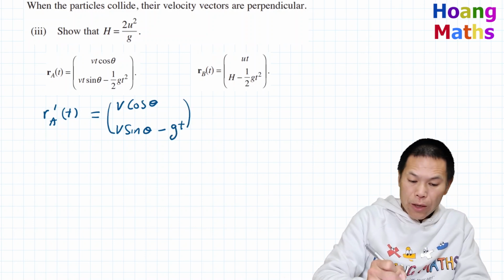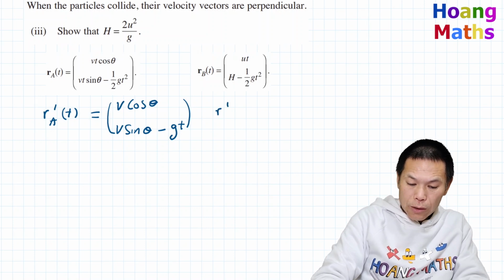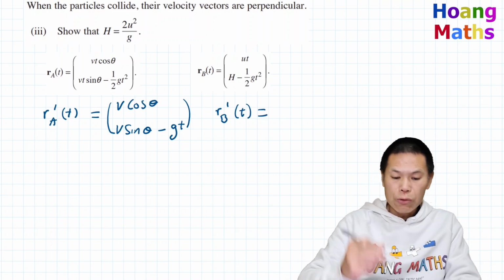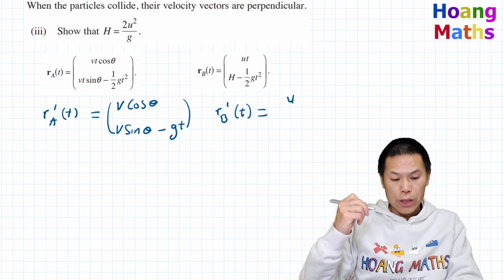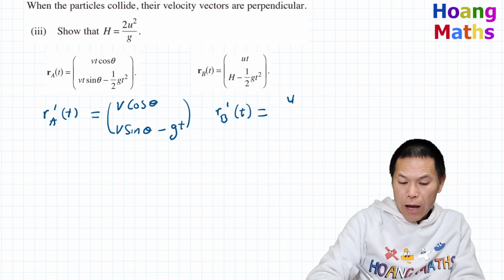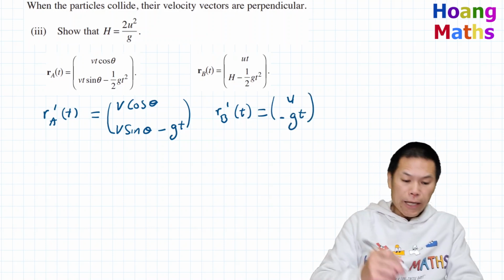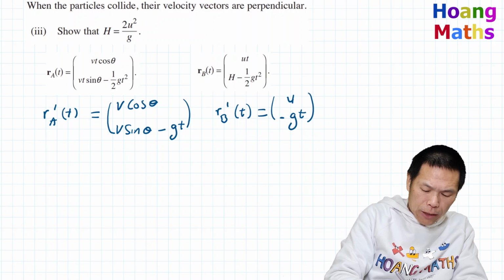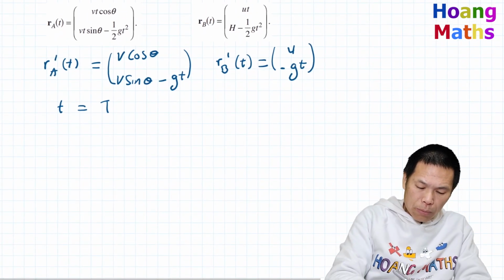So there you go. And then the velocity for vector B, so that is B dash of t, that will give me, differentiate ut, so that gives me u, and differentiate h is 0 because it is a constant. We differentiate negative a half gt squared, gives me negative gt. So when they collide, that means the time is equal to T. Okay, so let me just substitute this in.